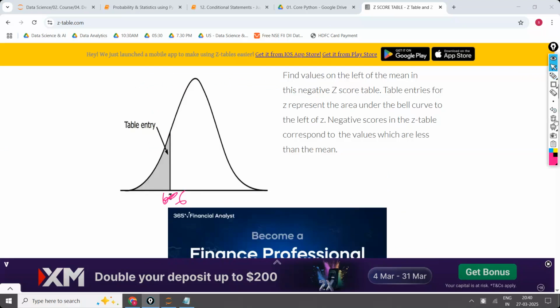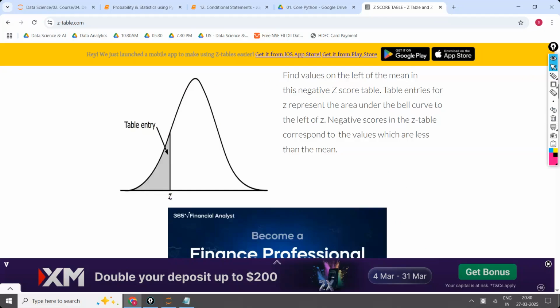Then how do we get the right side area? It is 1 minus. Why, sir? Because the total area is equal to 1. Why will the total area be 1? Area is nothing but probability. Area means probability. Total area equal to 1 means the sum of the probabilities is equal to 1.